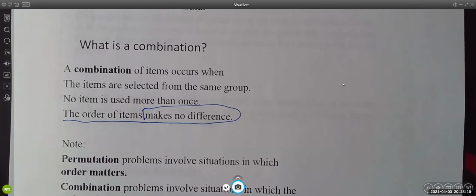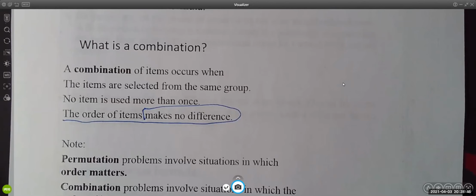For example, if we select 3 students from a class to represent that class to attend a meeting, let's say the 3 selected students are called A, B, and C, 3 people. And do you think the order in which these 3 people are selected makes any difference in terms of representing this class to attend that meeting?